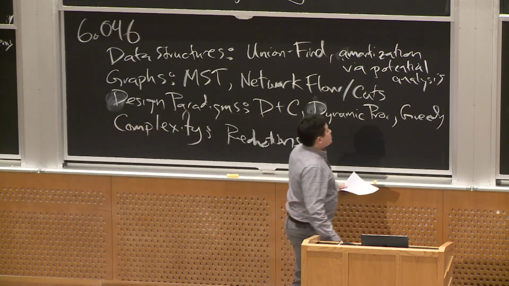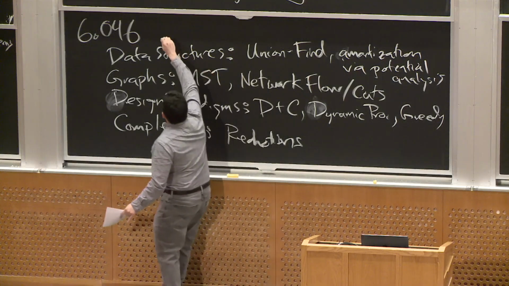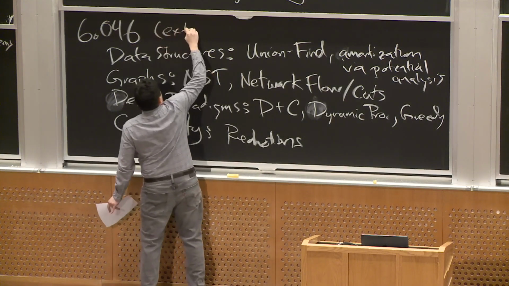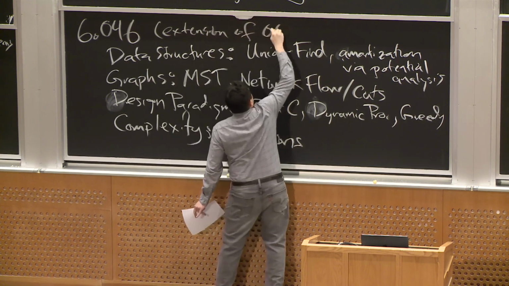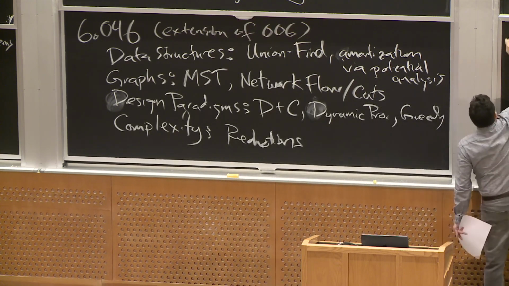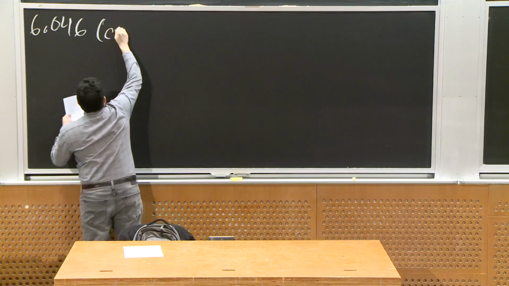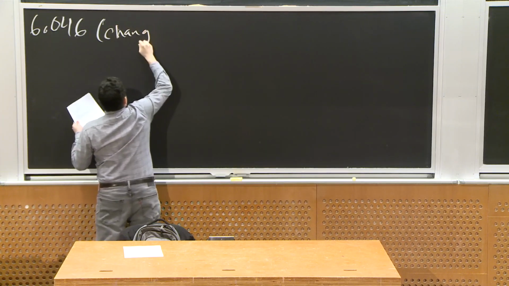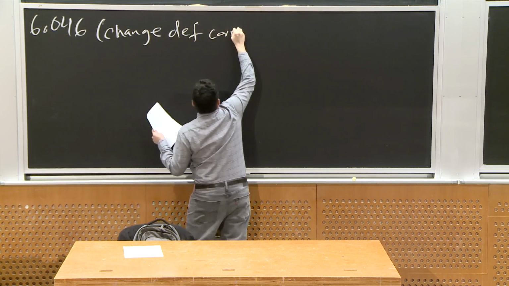Okay? So 006 is kind of an extension of 006. And this is kind of like 6046 as, you know, change my definition of what it means to be correct or efficient.